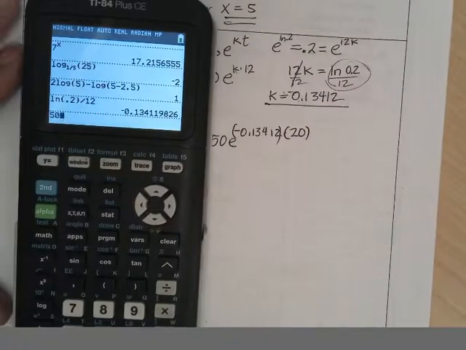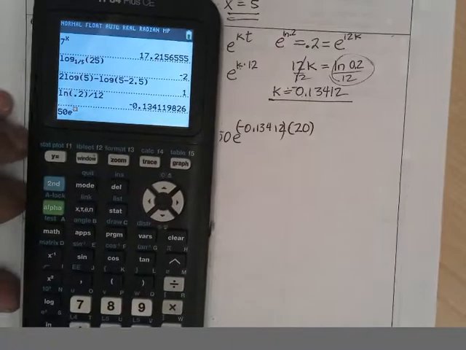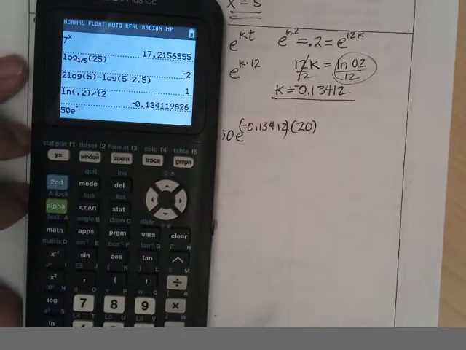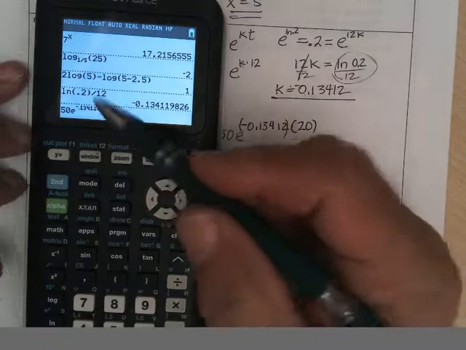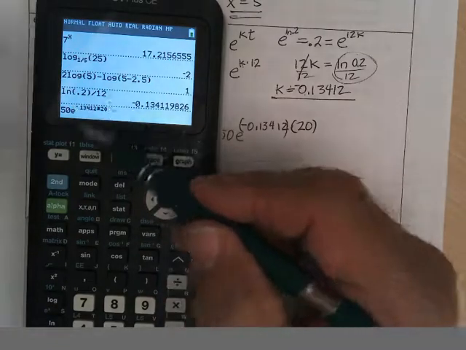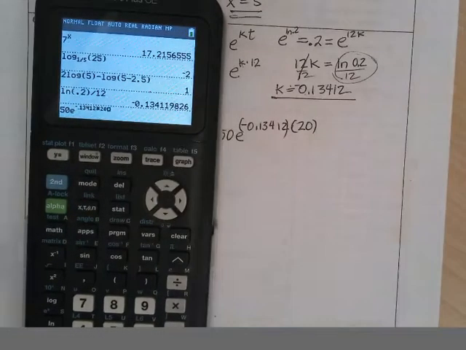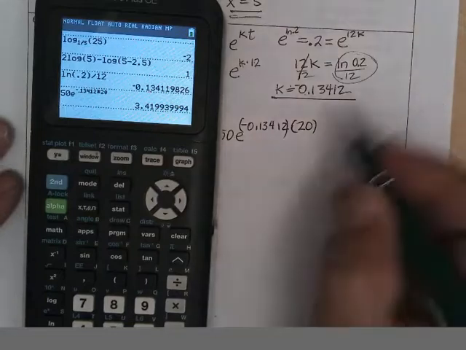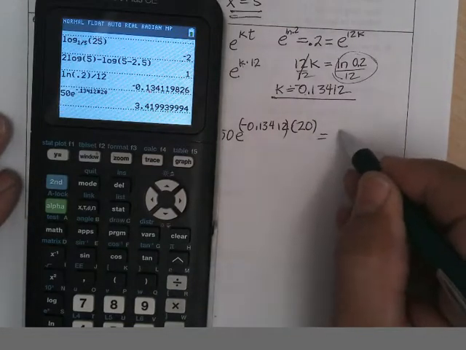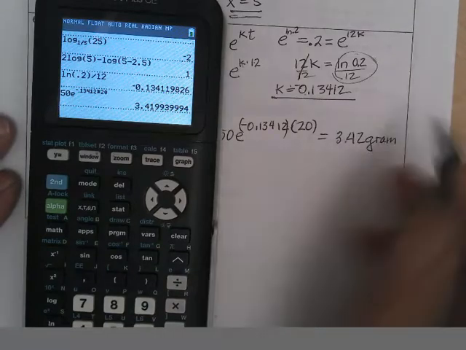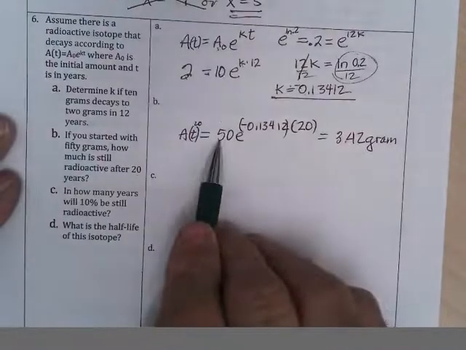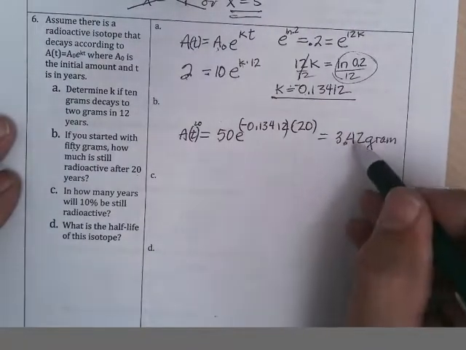So all we have to do is type that in. 50 e to the negative 0.13412 times 20. If you're doing it on a calculator that doesn't do exponents, you have to put parentheses around your exponent. And this works out to be 3.42 grams. So the 50 grams decayed in 20 years down to 3.4 grams.